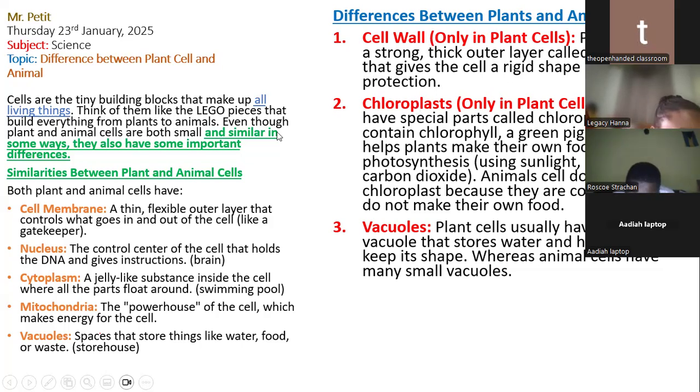And plant cells has chloroplast and animal cells don't. And animal cells have many vacuoles and plant cells has one large one. All right.